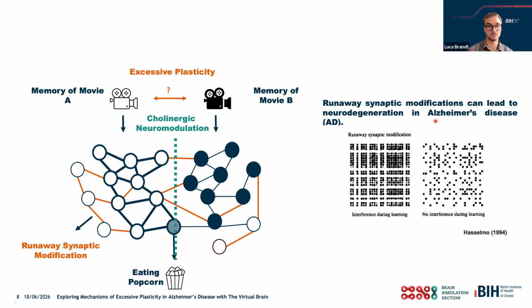In the healthy brain, there is cholinergic neuromodulation regulating the synaptic transmission. So you could encode each memory separately without spreading between the networks. So usually you can recall both movies separately.